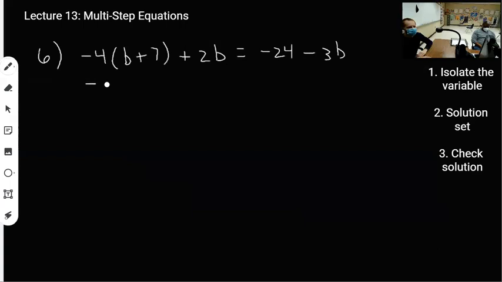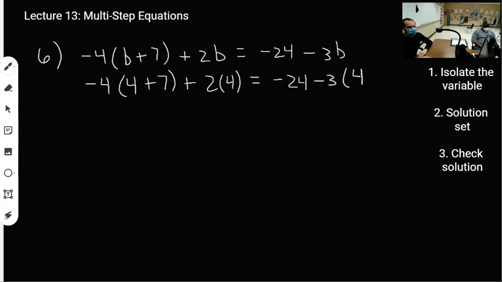So I'm going to plug in 4 for b. The b has changed into a 4 right here. This b also has to change into a 4 because everywhere I see the variable, I have to plug in 4. On the other side, I have negative 24 minus 3 times 4.